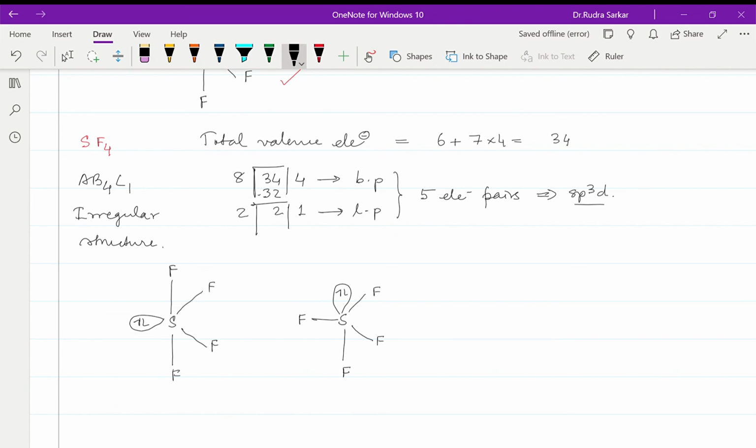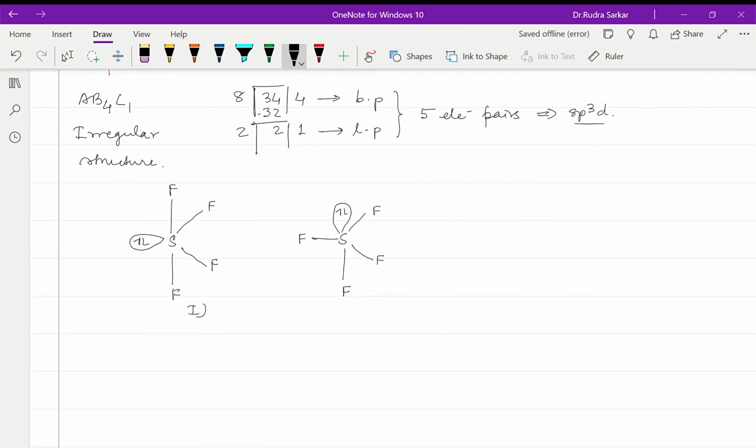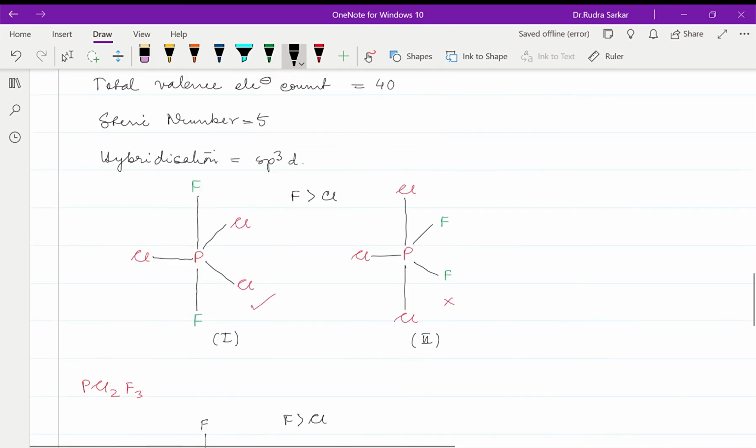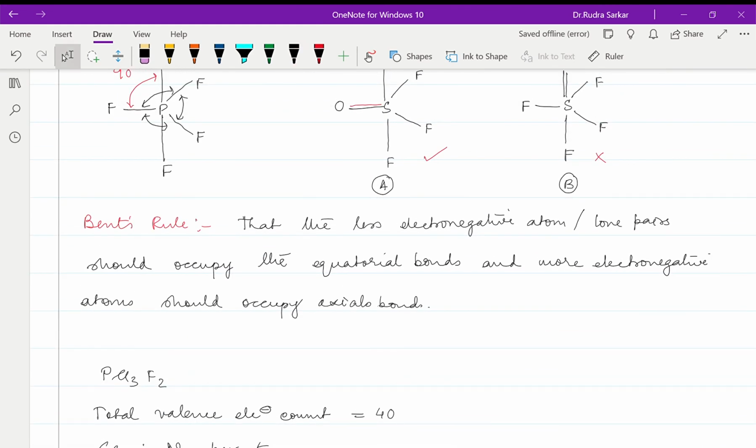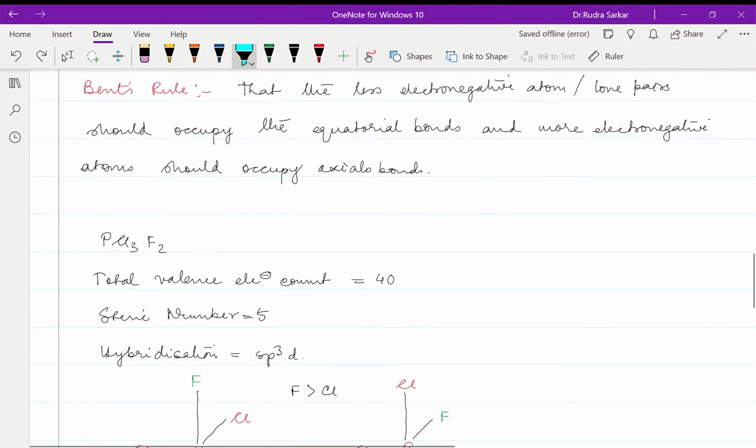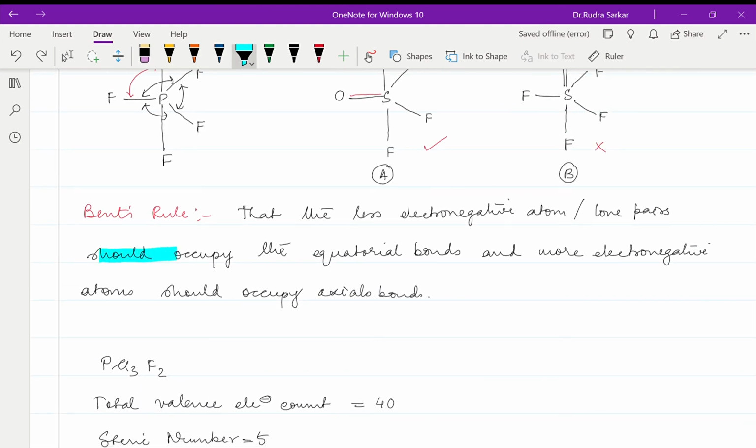Using VSEPR also, that is valence-shell electron pair repulsion theory, we can solve this problem to predict which structure, 1 or 2, is our stable structure, or we can use Bent's rule over here. According to Bent's rule, if we go back, what did I state? Less electronegative atoms prefer lone pairs. So this is what you have to use over here. The lone pairs also occupy equatorial bonds selectively.